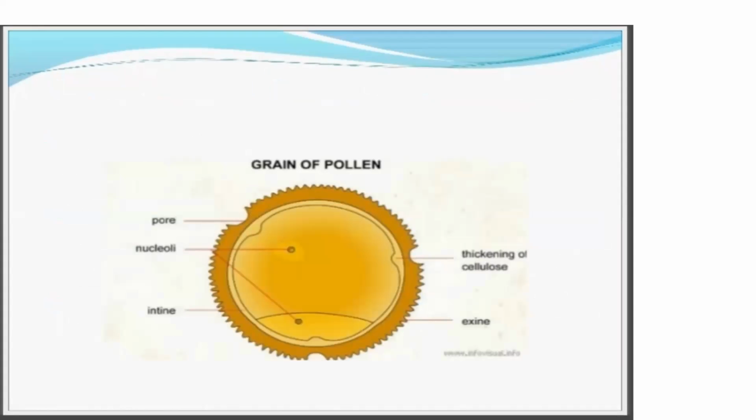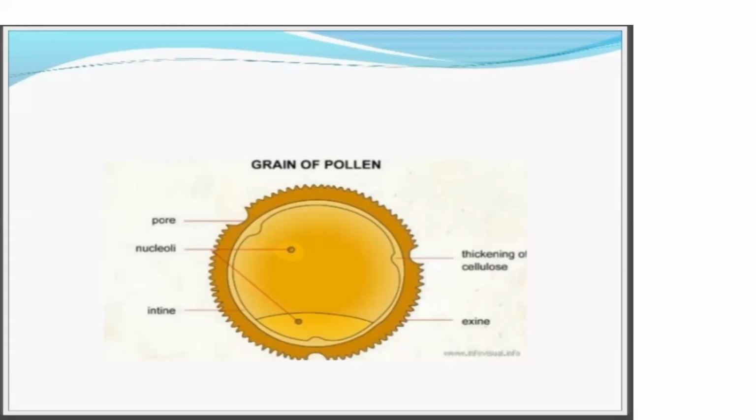Pollen grains are minute in size and possess a haploid nucleus and dense cytoplasm. The reserve food materials are present in the form of minute fat bodies, so starch or fat bodies are present in the pollen grains as reserve food material.